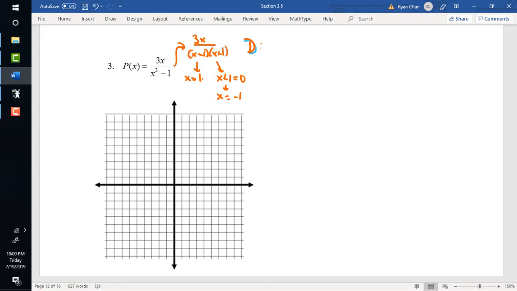So my domain is going to be x such that x cannot equal 1 or negative 1. Now notice once again, both of these do not cancel. So I realize I have a vertical asymptote at both x is equal to 1 and x is equal to negative 1. So I will have a dotted line for both of these.